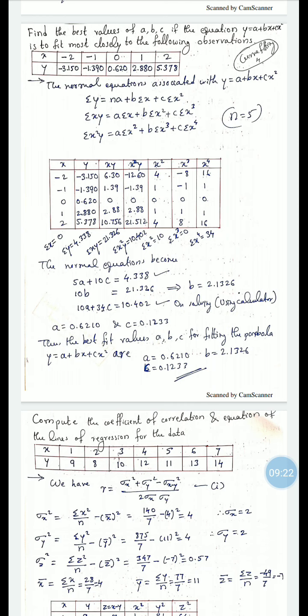Then the best fit values a, b, c for fitting the parabola y equal to a plus bx plus cx square are a equal to 0.6210, b equal to 2.1326, c equal to 0.1233.